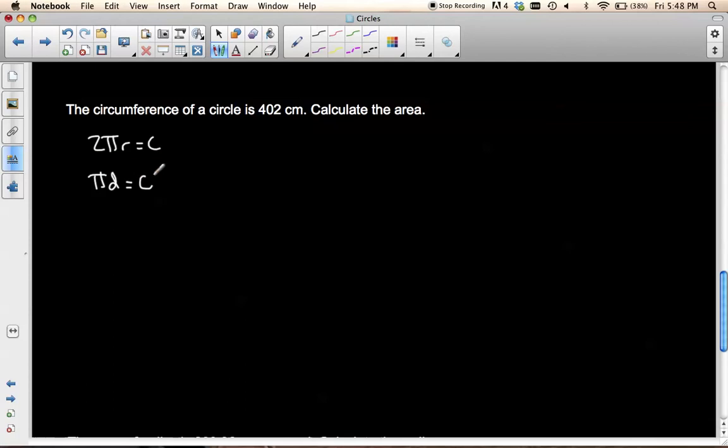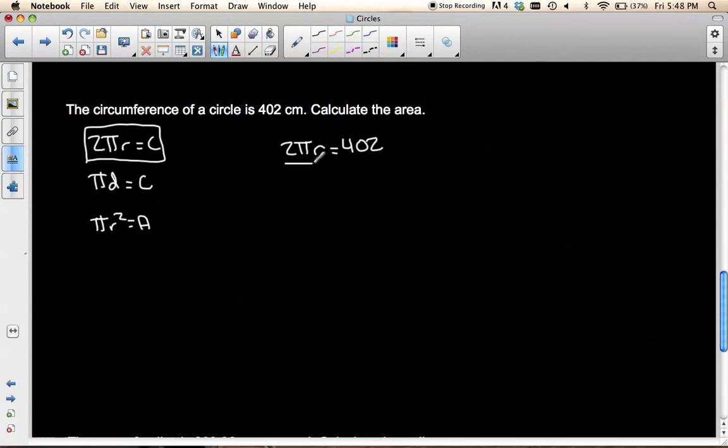But our formula for area is pi r squared. So we know that we want to do a formula that gets us the radius. So we're going to work backwards. We know that 2 times pi times the radius is going to give us 402 centimeters.